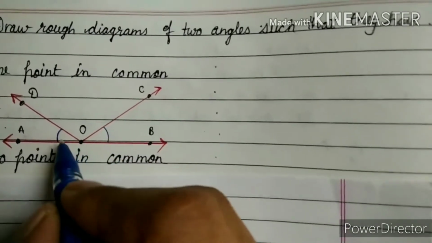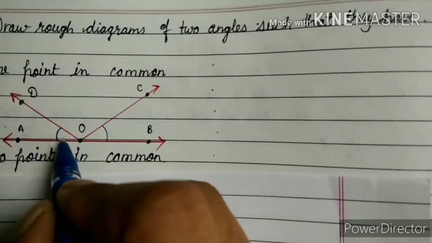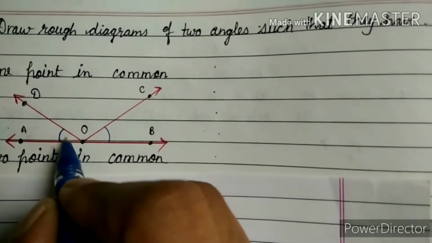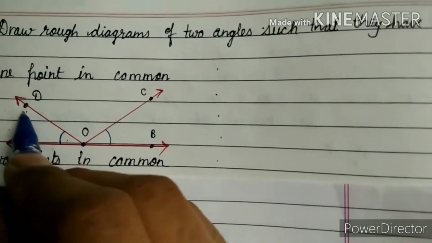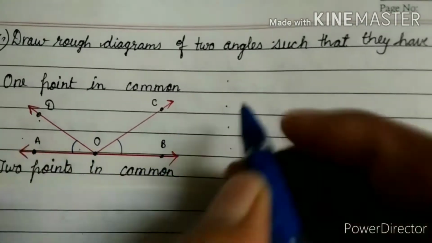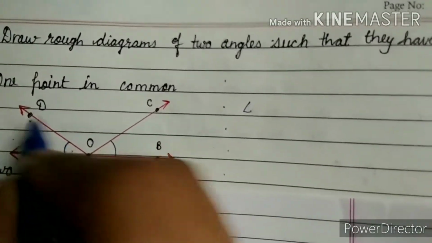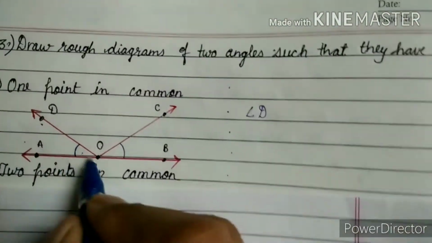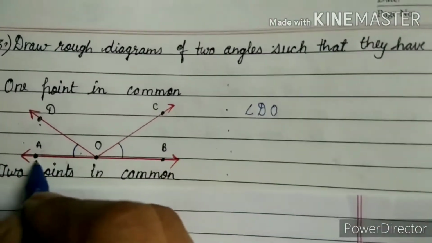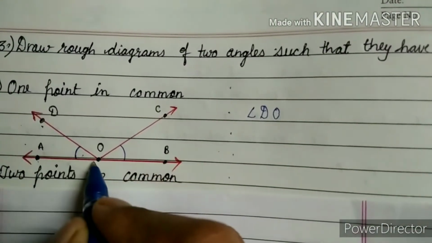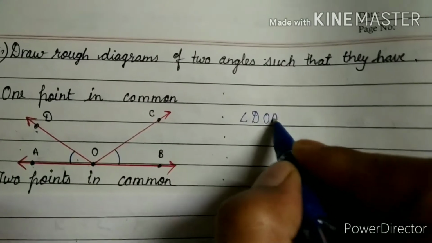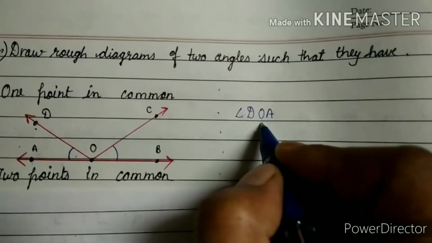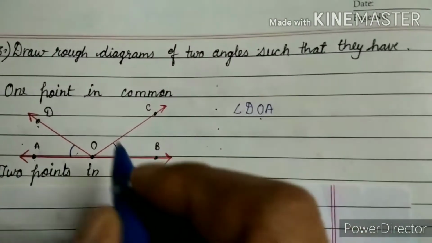For this angle we will start from D. So angle DOA. Check it, O is coming in the middle. Yes, O is coming in the middle. Then the second angle.